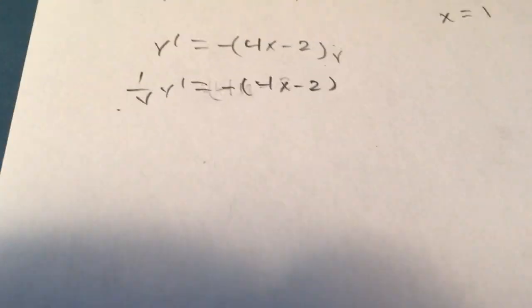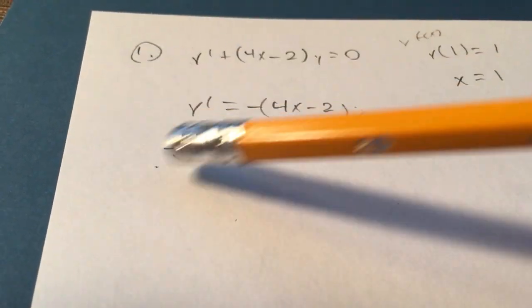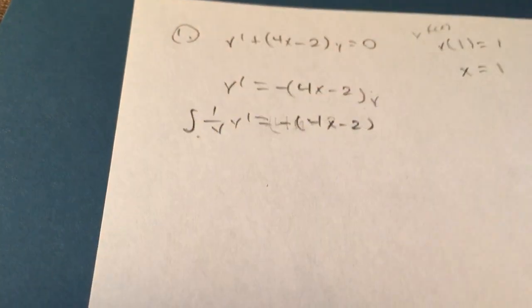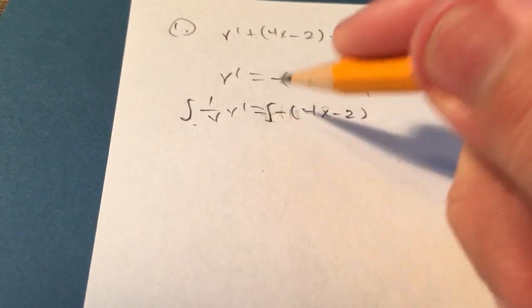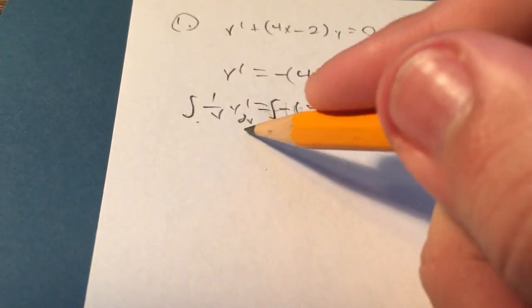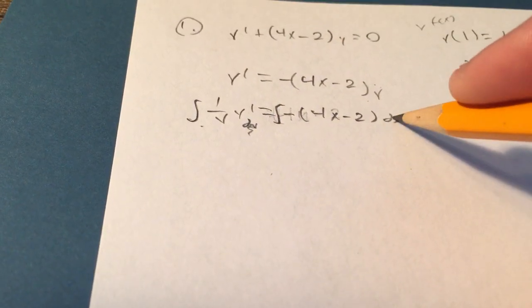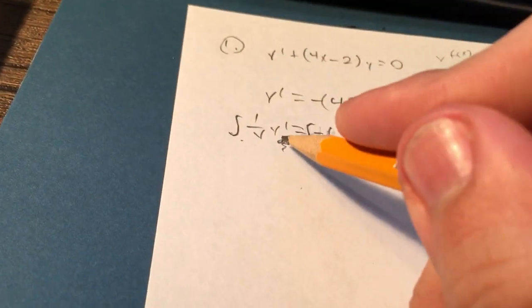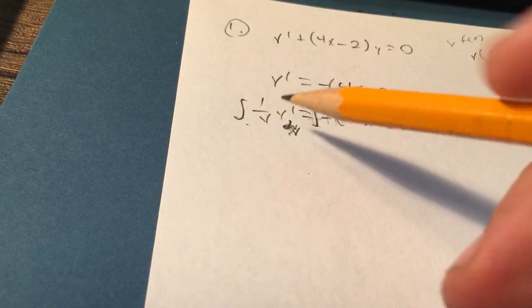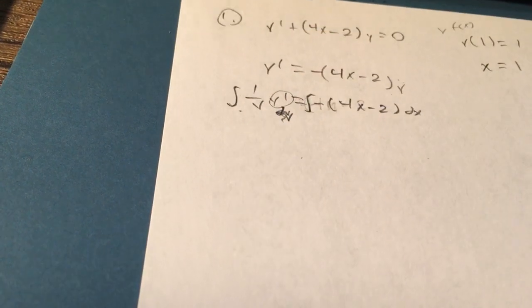Once you get all the x's on one side and all the y's on the other side, you just do the good old squiggly snake, the integral sign, and you write your dy here and your dx here. For some reason, whenever you do this, the y prime disappears.